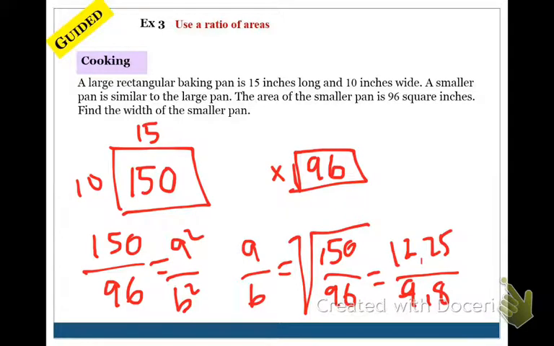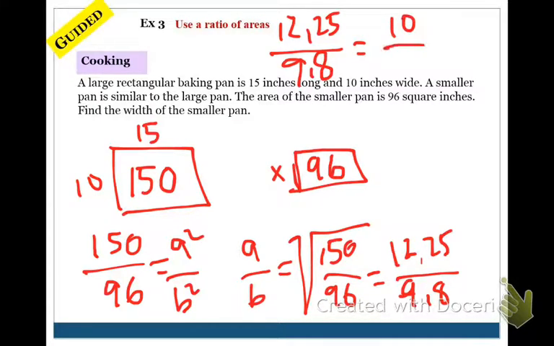All right, so now I know the ratio of the side lengths is 12.25 to 9.8. So I'm going to say 12.25 is to 9.8 as the width of the big one, which is 10, is to x. See how I got that?